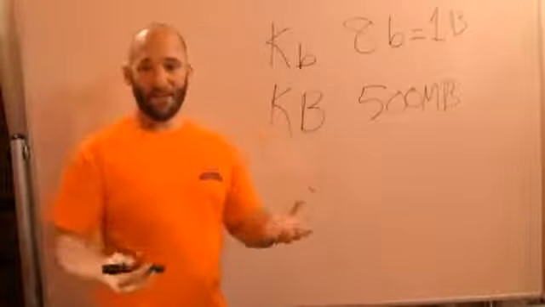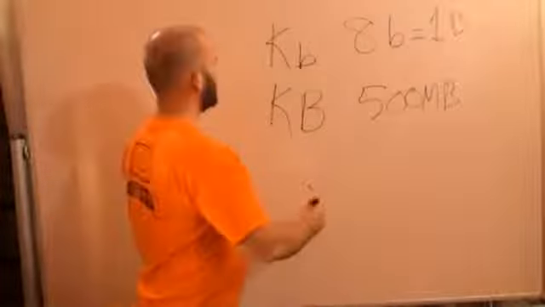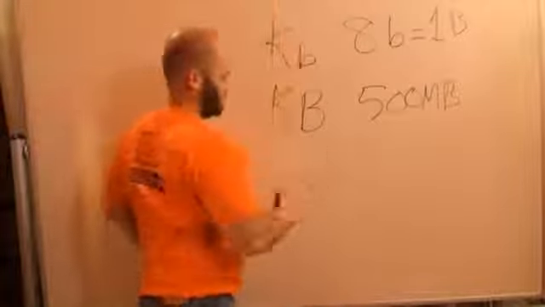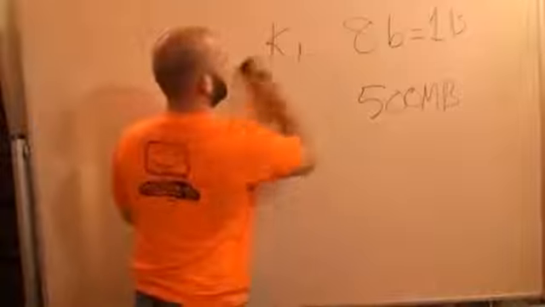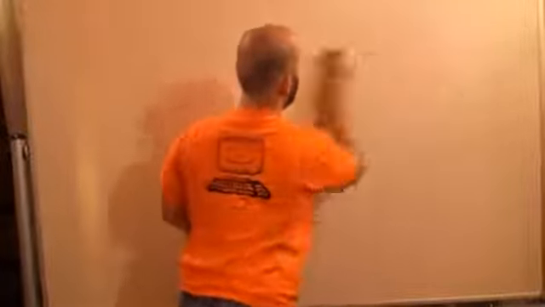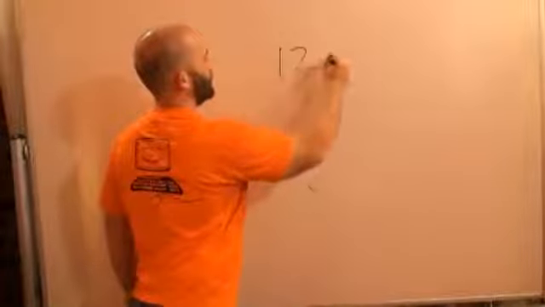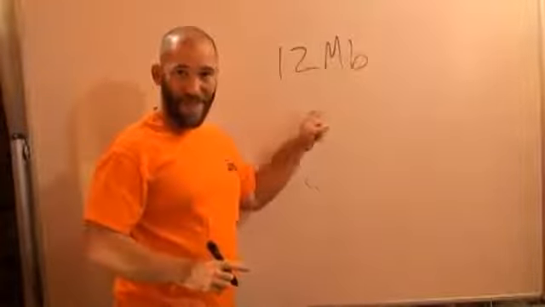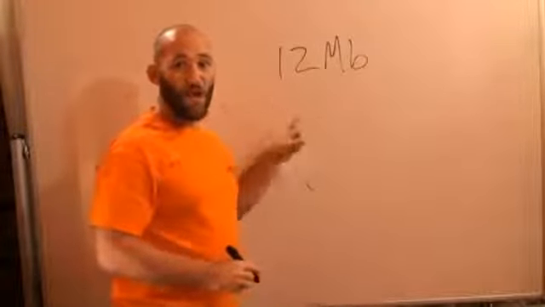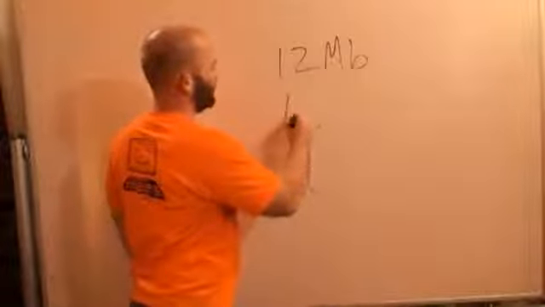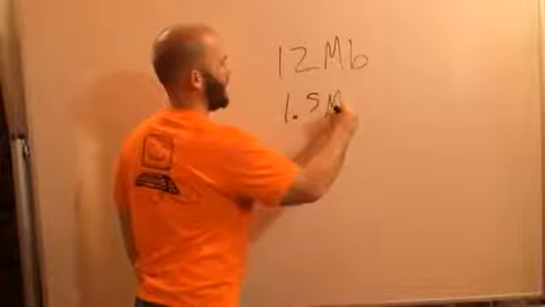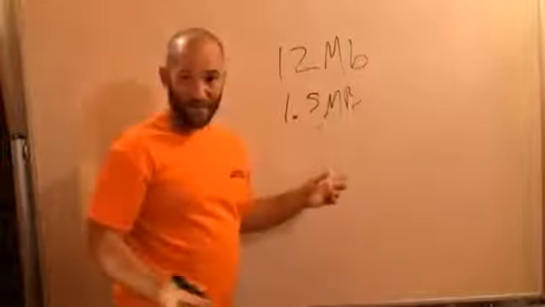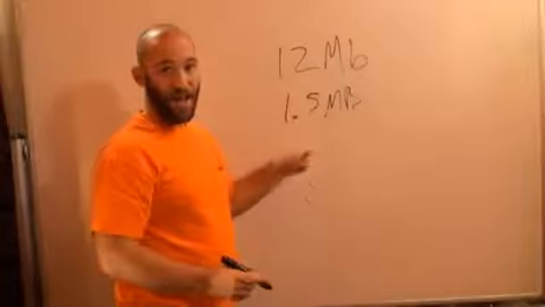So let's say you're with Comcast, and you can download 12 megabit per second. So that's 12 big M little b, right? That's less than 2 megabytes. I think it's 1.5 megabytes because 8 bits are in a byte.